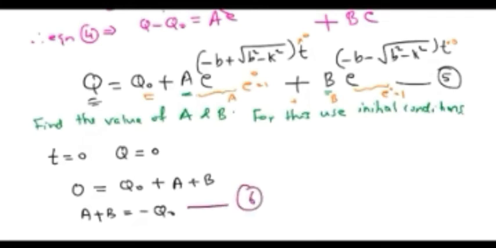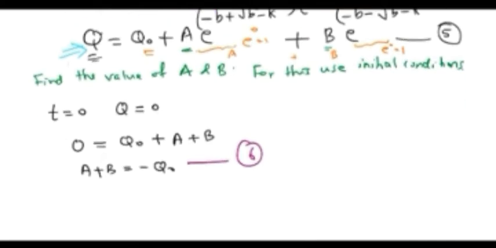Now we cannot do anything with this single equation 6. Next we will differentiate equation 5 with respect to t. Again I will substitute the initial conditions, that is, at time t is equal to 0, the rate of flow of charge is 0.